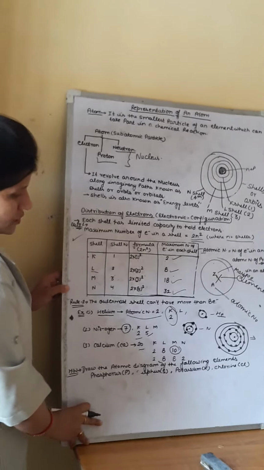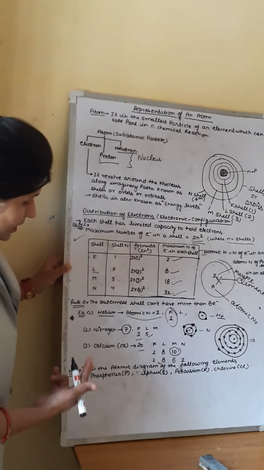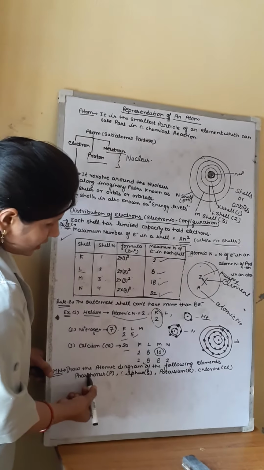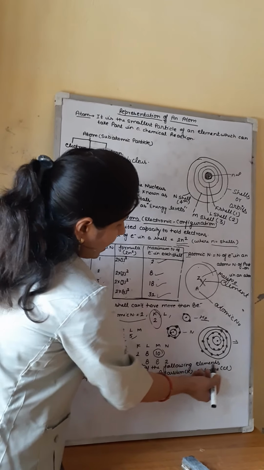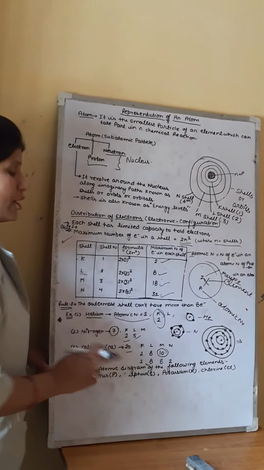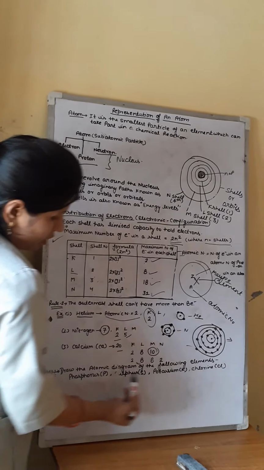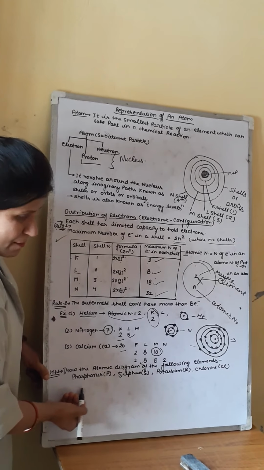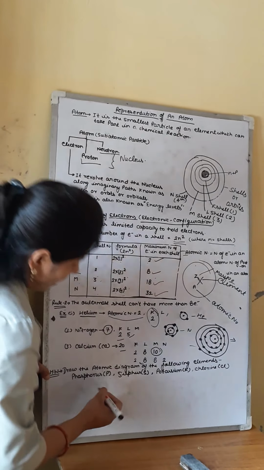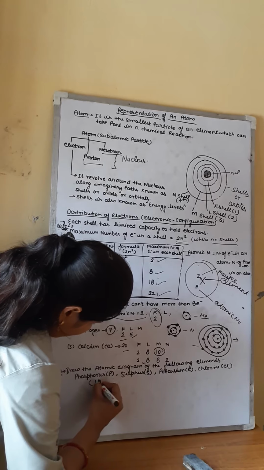Okay students, now write your homework. The homework is to draw the atomic diagram of the following elements, like the ones shown. First is phosphorus, symbol P, and the atomic number is 15.